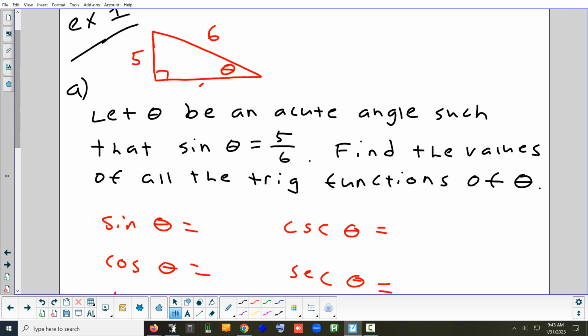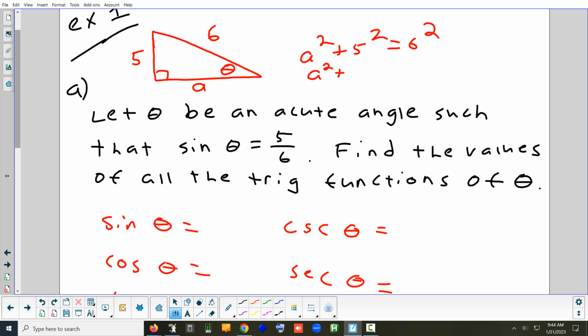Okay, so we don't know that third side, so you just could pick a letter to represent it for now. If you want to call it A or B, that's what most people would probably use if you're going to do Pythagorean. So let's call it A. Can somebody set up my Pythagorean theorem for me using the A, the 5, and the 6? A squared plus 5 squared.